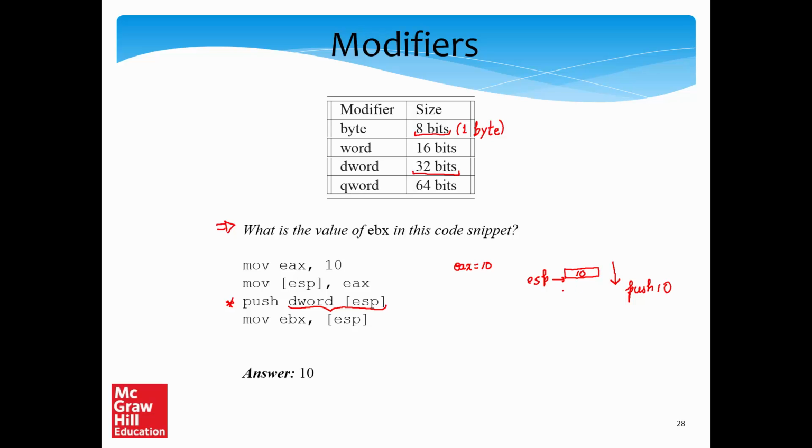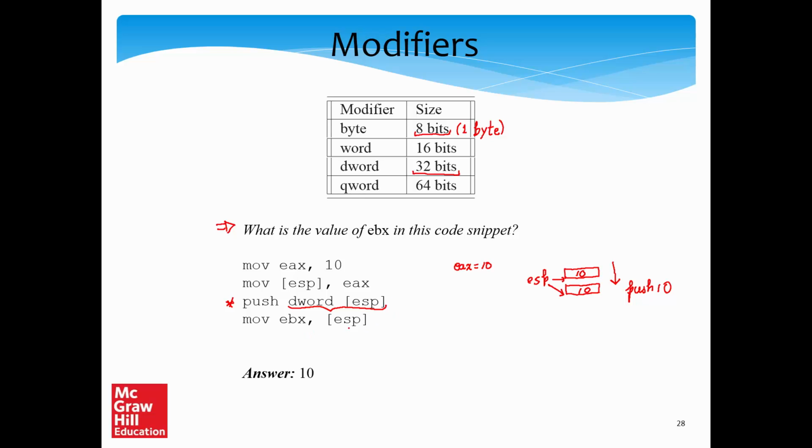So if you take a look at the pseudocode of push that was explained a couple of slides ago, what we now need to do is that we need to decrement the stack pointer by 4 in the new location, which is the next location on the stack. We need to push the value of 10, which is what we just read.